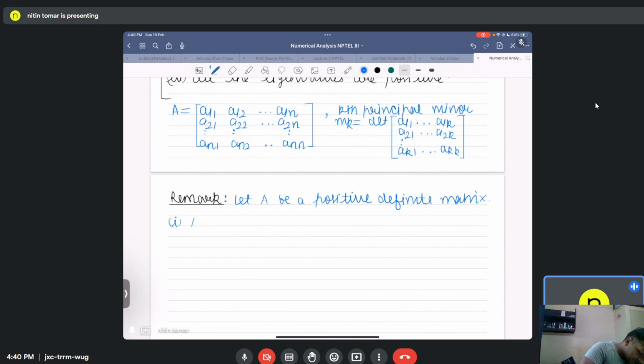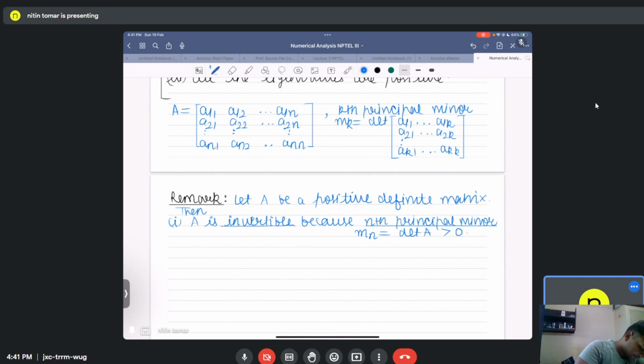Now, can I say then A is invertible? The nth minor is non-zero, because the nth principal minor, which we are denoting by Mn, is the determinant of A, and it has to be strictly positive.